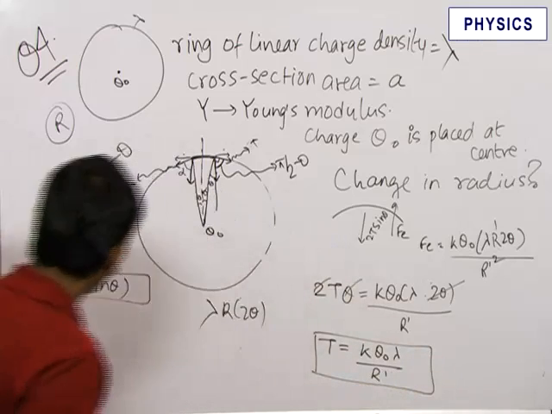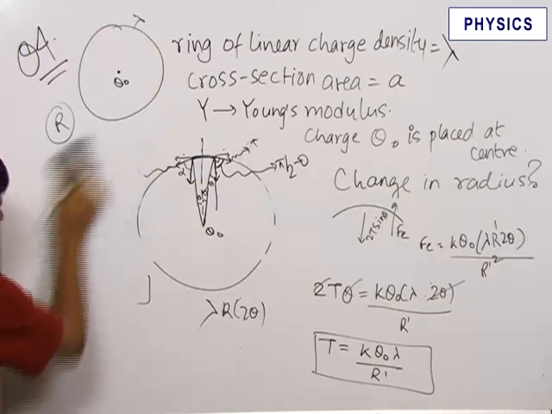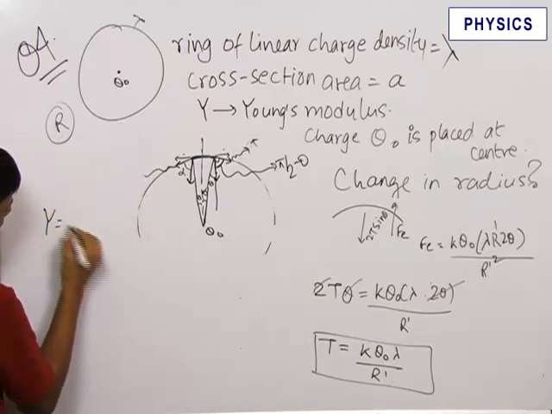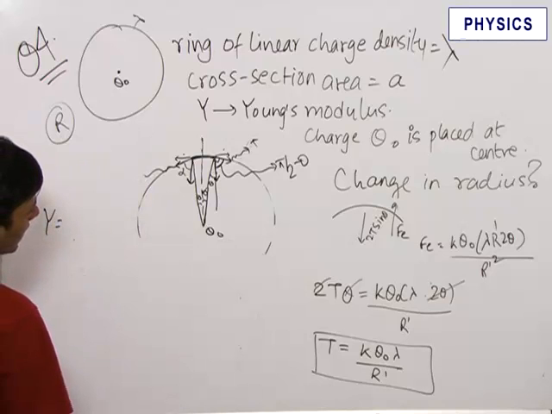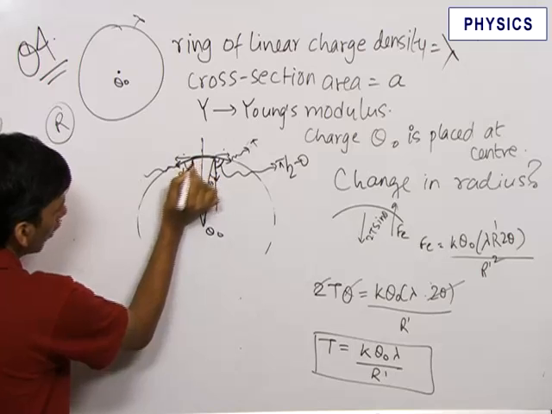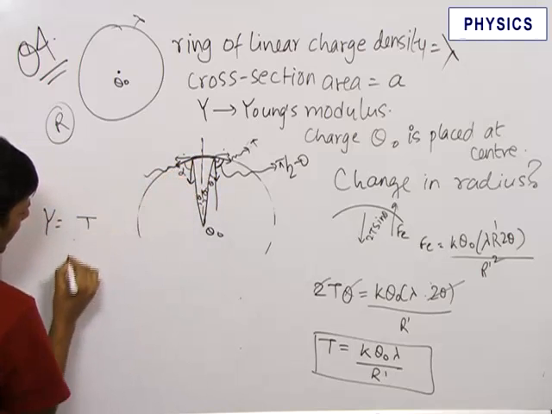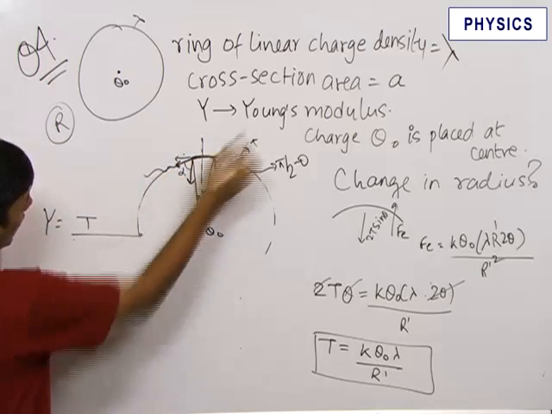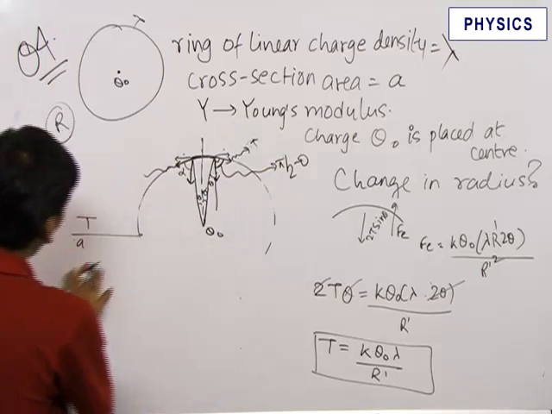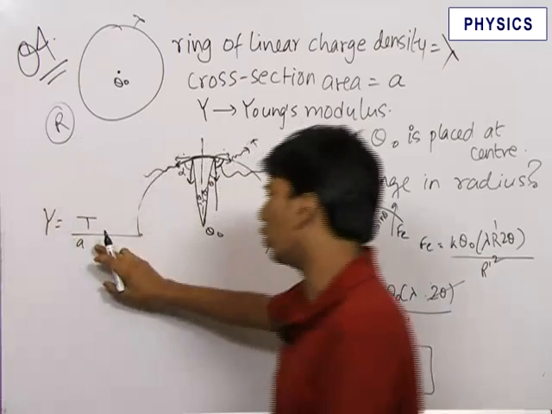Now let us write the formula for Young's modulus for the object. We know that Young's modulus is equal to stress upon strain. Stress will be equal to the force perpendicular to the cross section area, that comes out to be T, as we already know, upon the area of cross section, given to be A, upon strain, that is change in configuration. This we are writing for the whole ring.